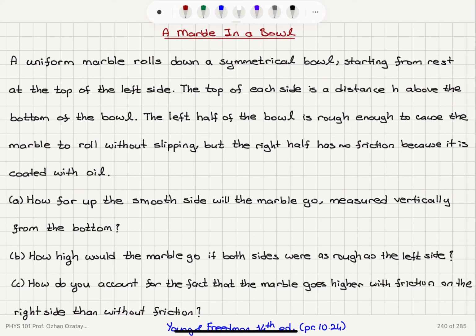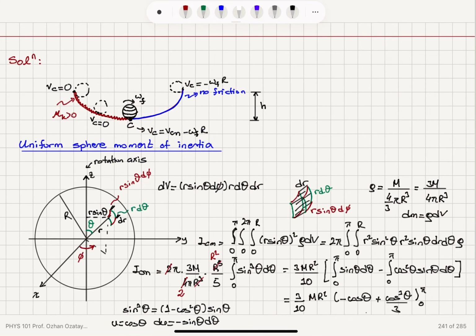So I want to know how far up the smooth side the marble will go, and how high would the marble go if both sides were as rough as the left side, and how do we explain this result. So we have a rough left side, a smooth right side. We start with zero velocity, zero contact velocity to start with, and then we have a static friction here.